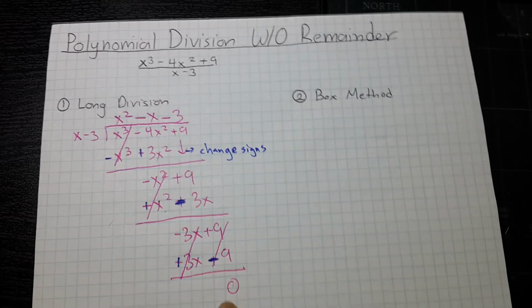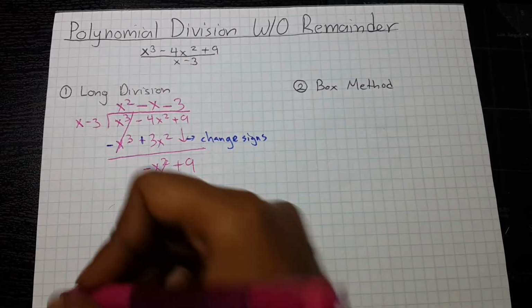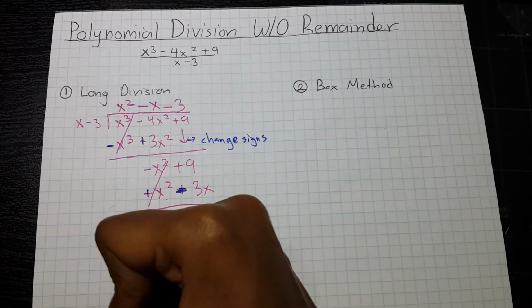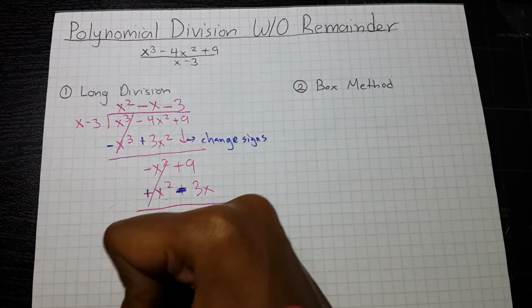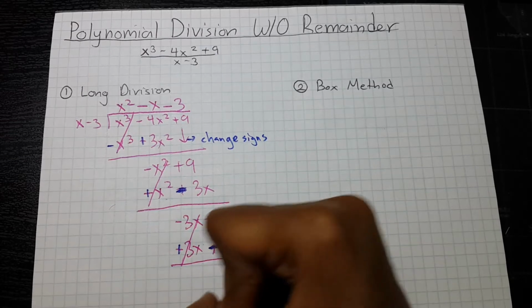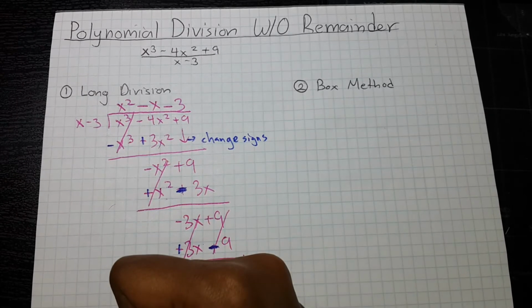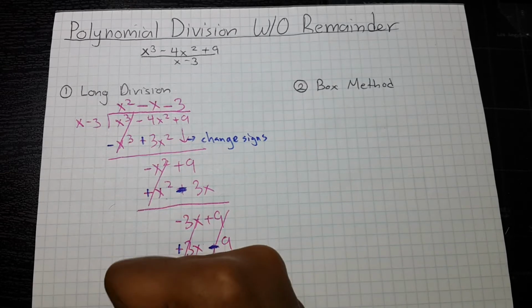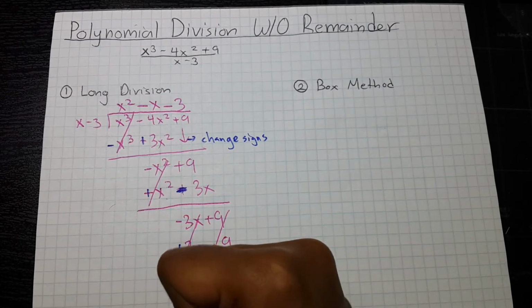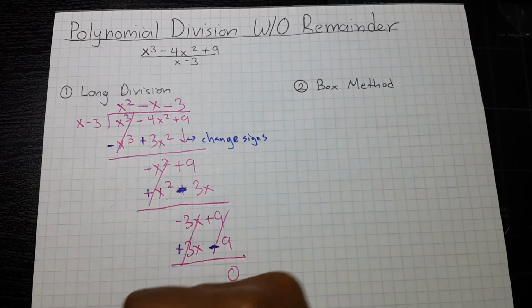Now, when you don't have a remainder, that actually tells you something about what you were dividing by. Since the remainder is 0, this means that x minus 3 is a factor.